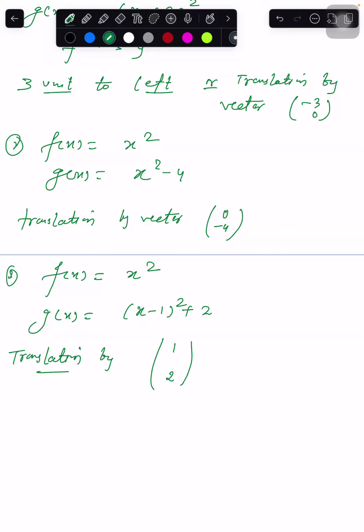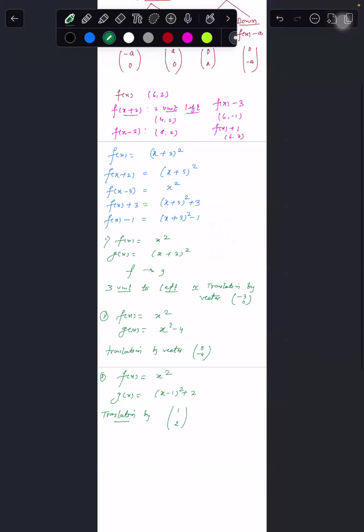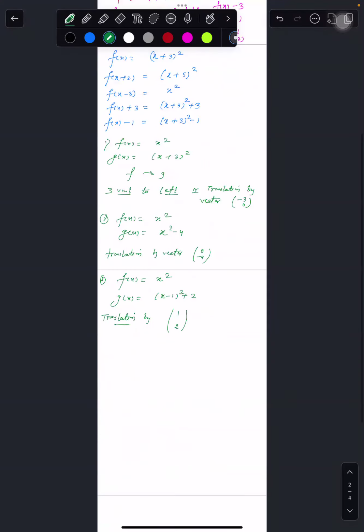In words, 1 unit to the right and 2 units upward. Horizontal translation by 1 unit to the right, vertical translation by 2 units upward. Is that clear? Yes. Okay, so this was one of the transformations.